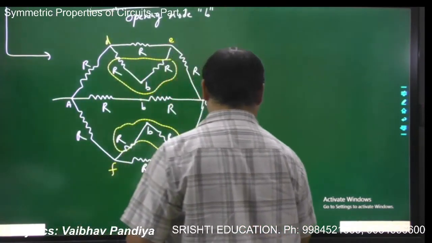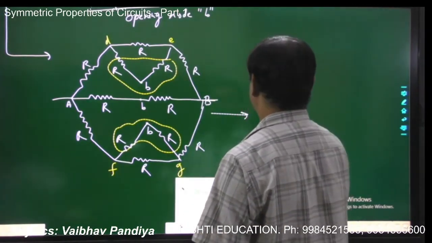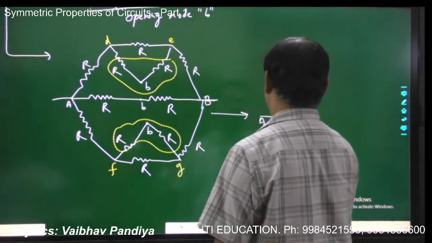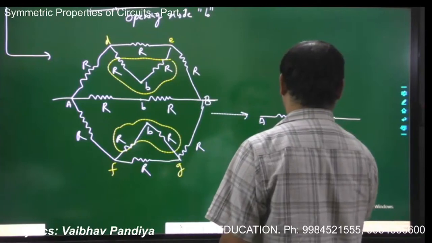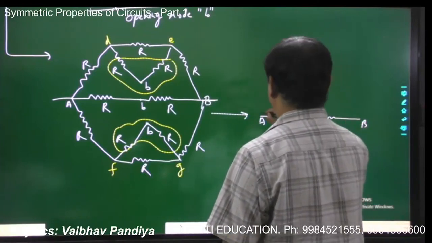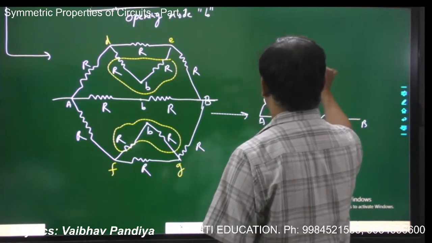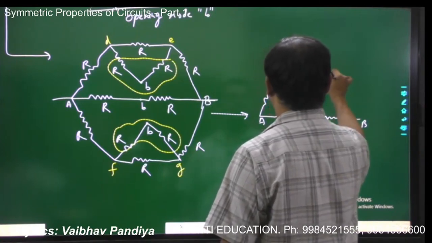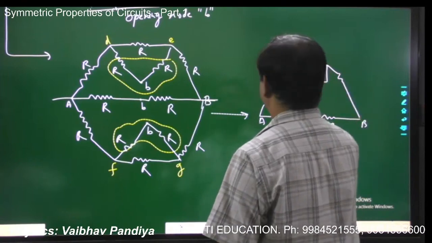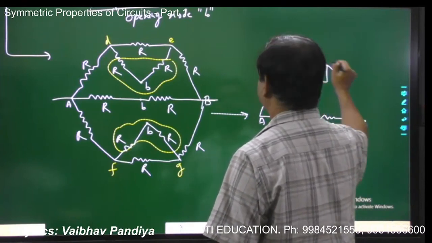So I can go one step further reduction. So I'll have A, R, this is point B, and this is your point D, this is R, and this will be 2R, and this is R, and this is R.